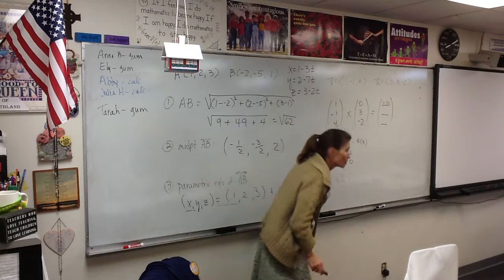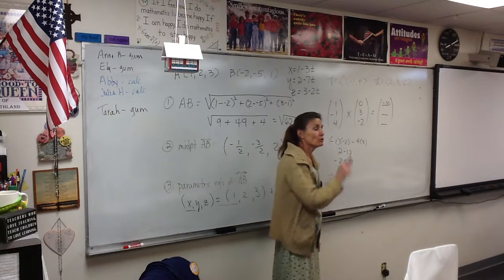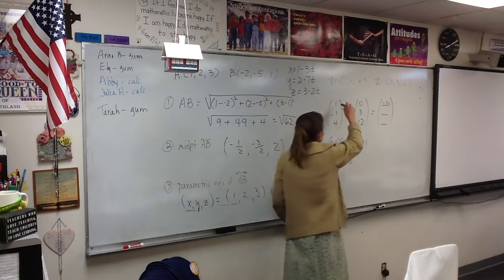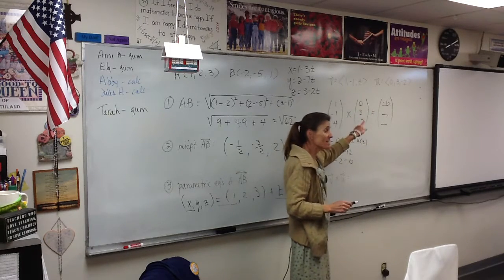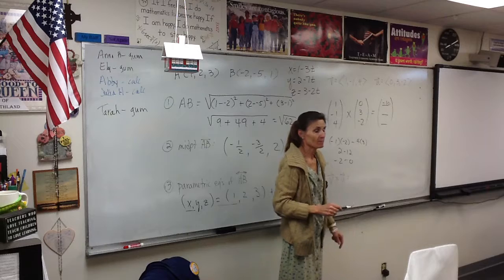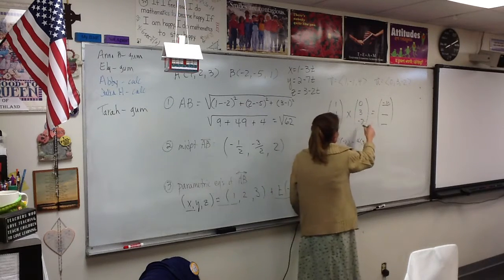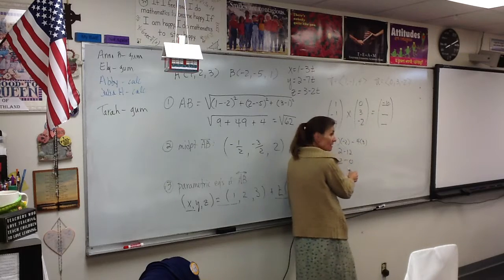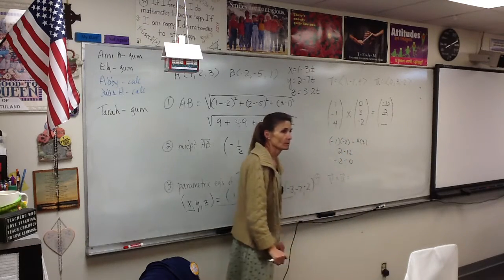But here comes the tricky part that you can't forget. When you do that operation, this times this minus this times this, for the middle number only, the sign changes. So instead of getting negative 2 minus 0, which is negative 2, it's positive 2.